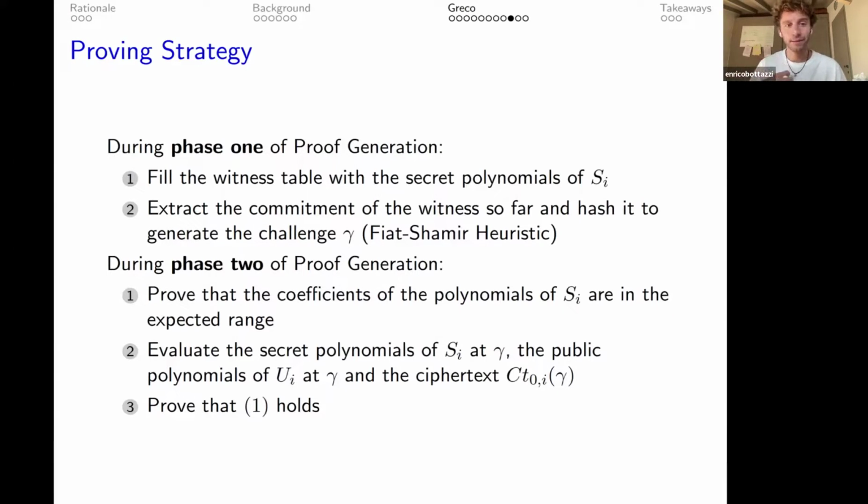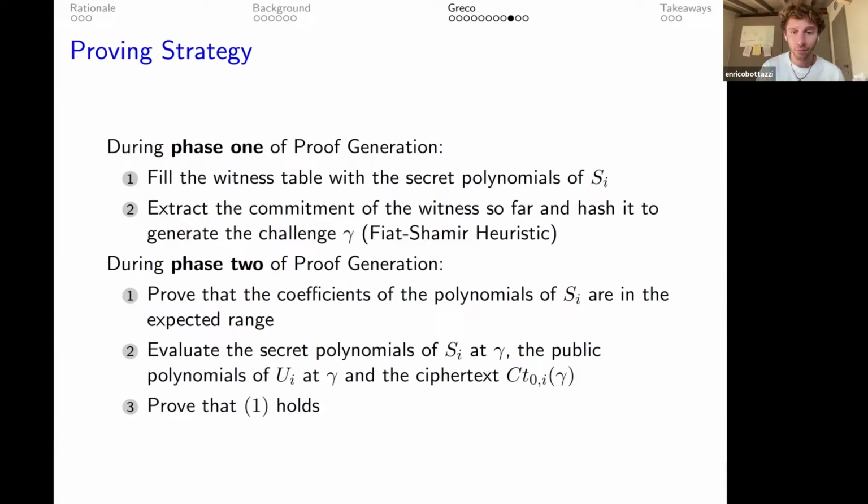The technique basically proceeds as follows. We separate the proof generation into two phases. In the first phase, we fill the witness with our secret polynomials of the vector Si, and we commit to the witness so far.